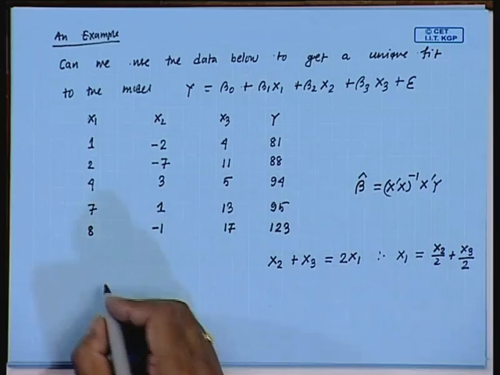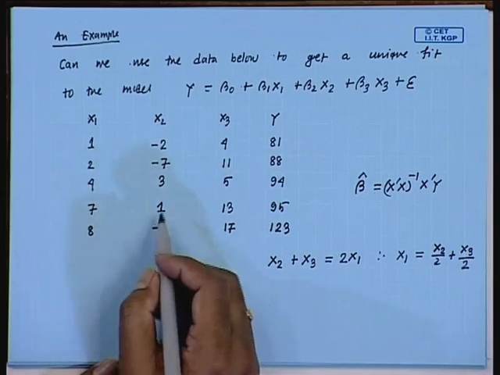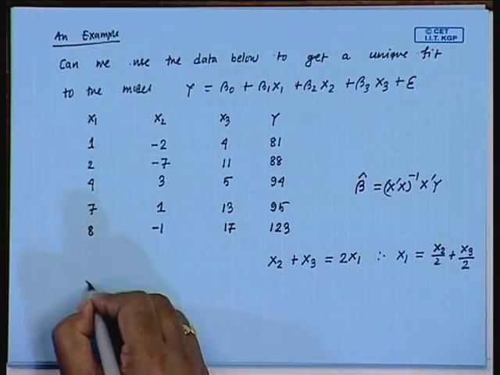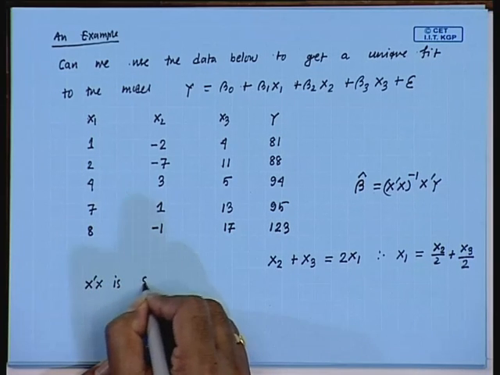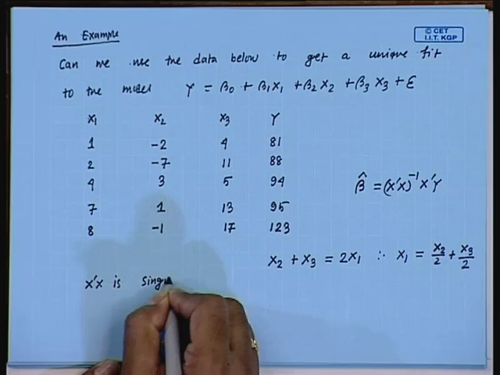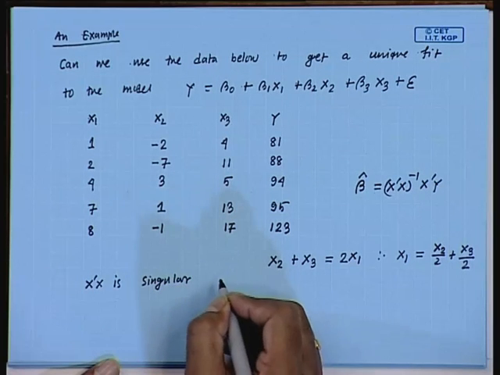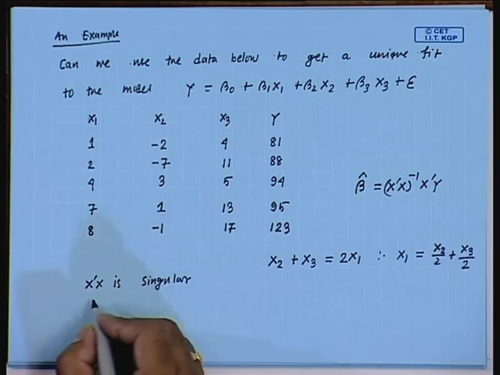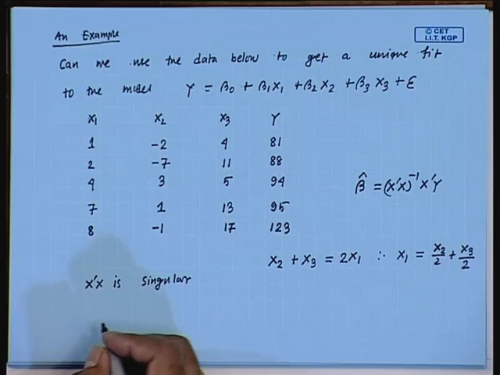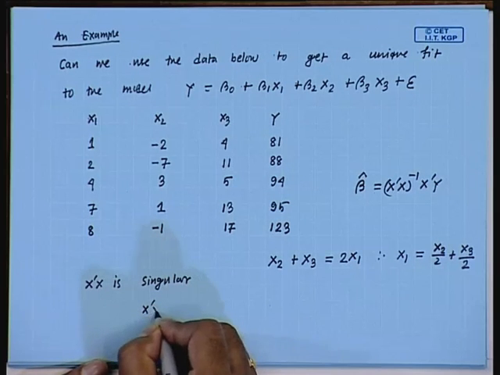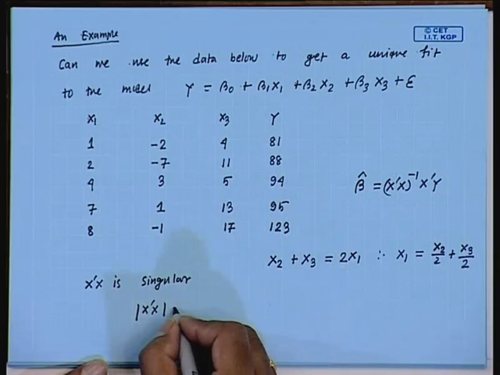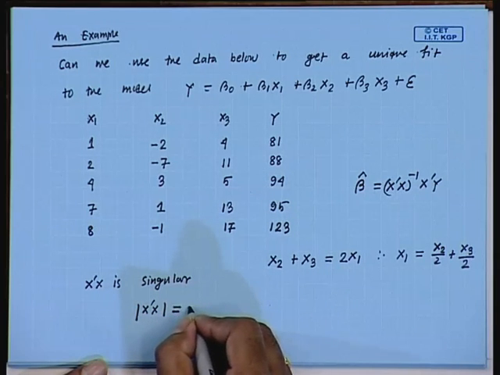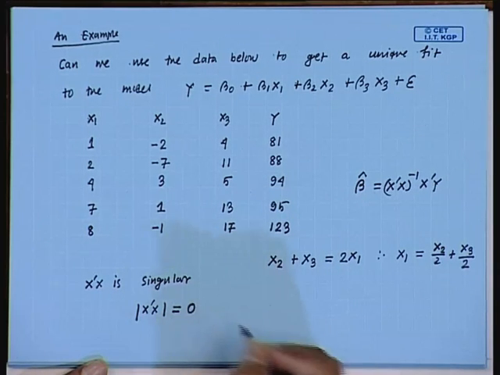Because of this fact, they are not independent. So that's why X prime X is singular. So X prime X determinant here is exactly equal to 0.